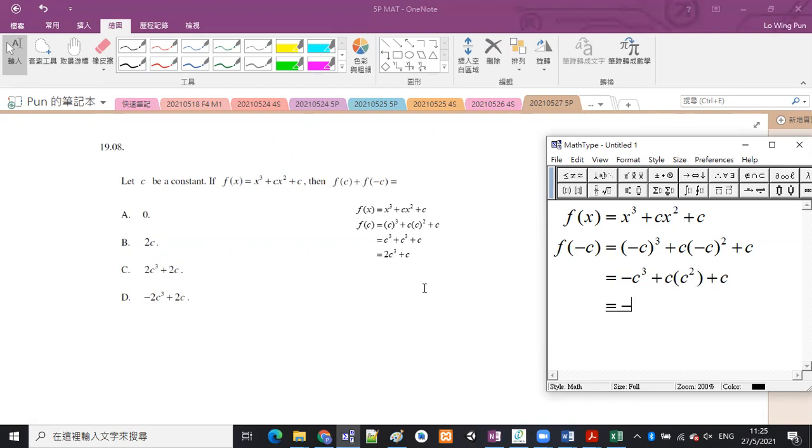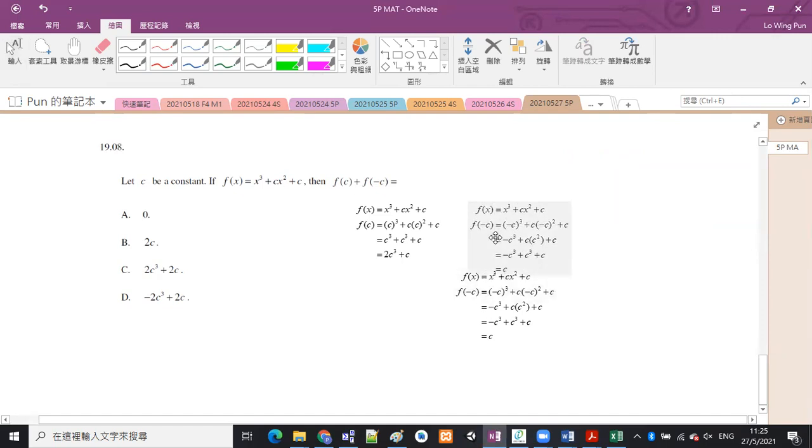Okay, so it's negative c cubed plus c times c squared becomes c power 3 plus c, right? And this time, the 2 c cubed terms are like terms. They can be calculated. This time, one negative, one positive. They are just cancelled by each other. So what's remaining in this f(negative c) is just c, yes.